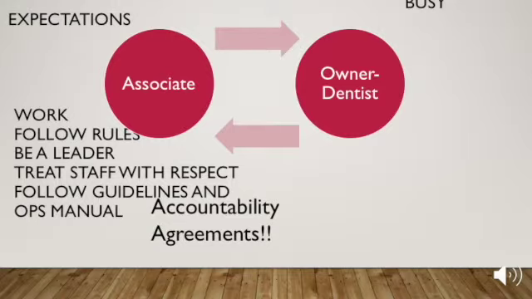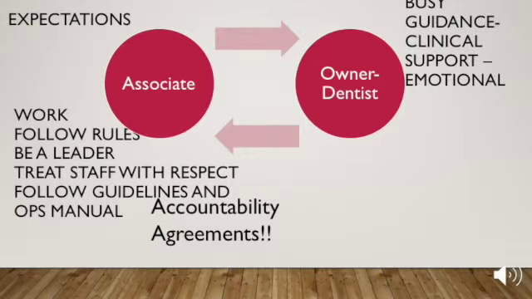The associate expects the owner dentist to keep them busy. A lot of them expect some clinical guidance and sometimes some support on an emotional level. They expect us to provide some CE, potentially, and they expect to get paid from us.